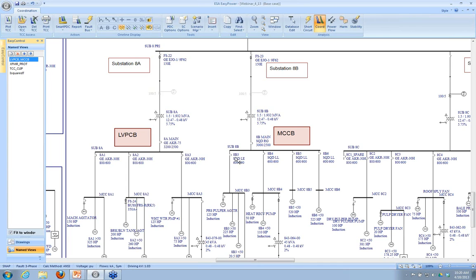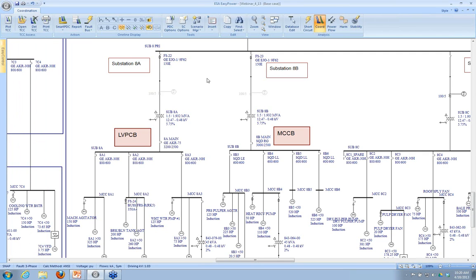This substation I have configured to have molded case circuit breakers. Both have 2500 amp mains, and feeders are roughly the same size. So it just gives us a way to compare the performance and the coordination between the low voltage power circuit breakers and the molded case. So if I look, I think I have a TCC here.